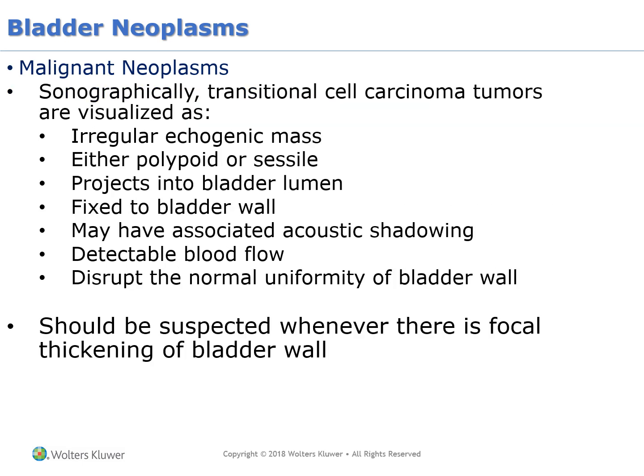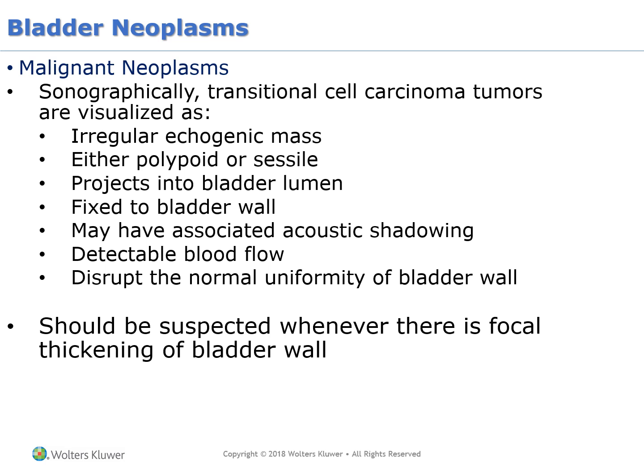Okay, when we're looking at these malignant neoplasms sonographically, we can see especially the transitional cell carcinoma tumors, which again, those are going to be the most common. They usually look like an irregular echogenic mass. They can look like a polyp or polypoid or sessile, which would be more of a straight mass.